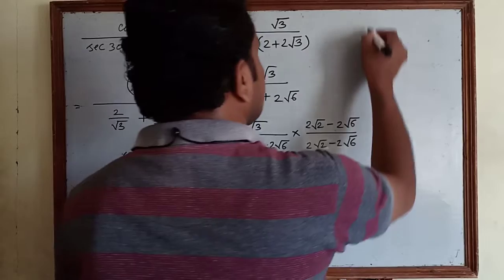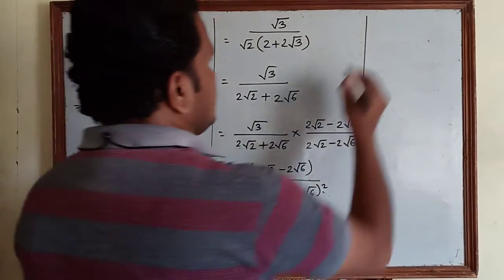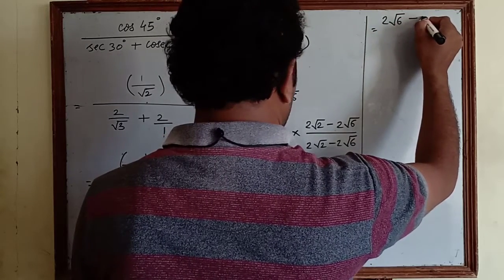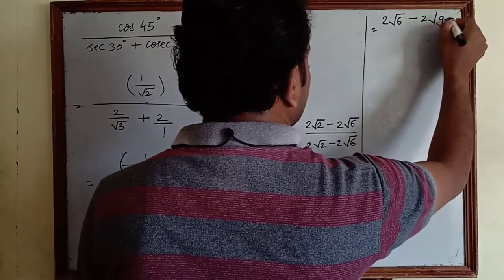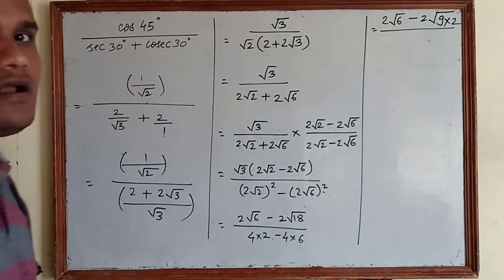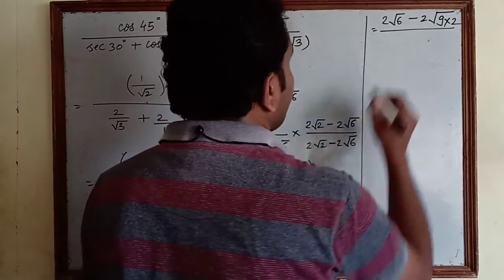Then 2 root 6, 2 root 6 minus 2 into 18 means 9 2s are 18. Then 4 2s are 8, 4 6s are 24.